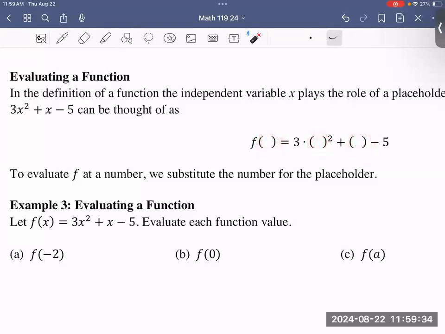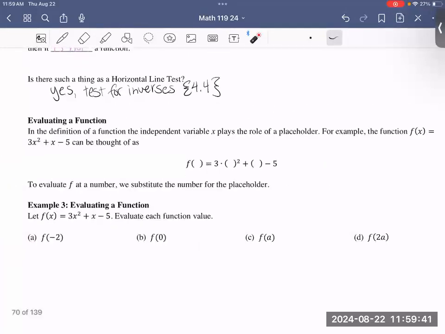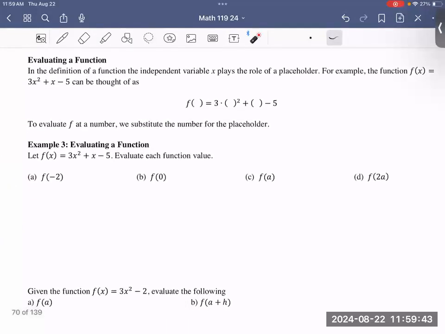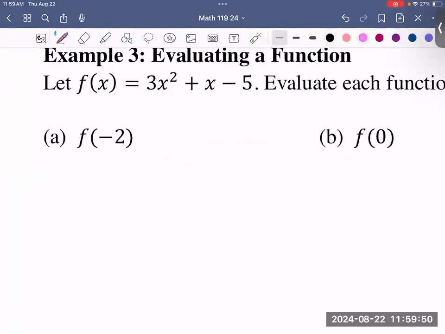So let's go to evaluate this function with these values. So see if you can pause the video and try example 3. So how we can read number A, or letter A, this is saying f of -2. Now normally this is f of x. Normally there's an x here. Now what they're just saying is that what happens to this function when we replace x with a -2?